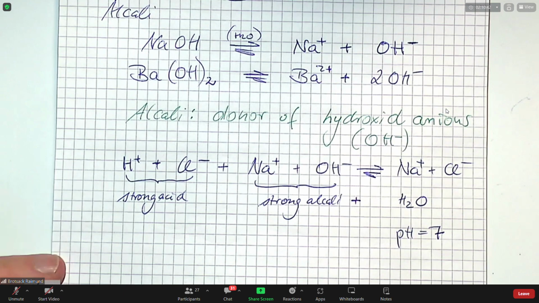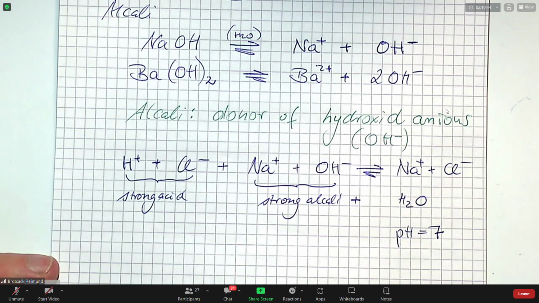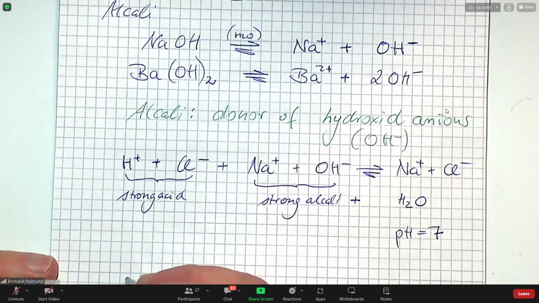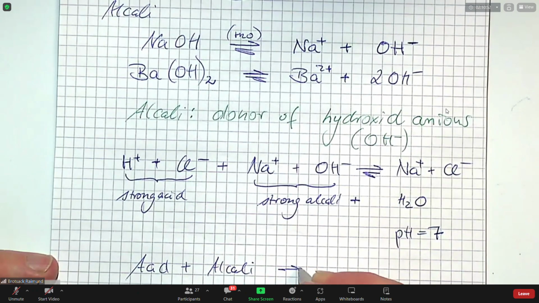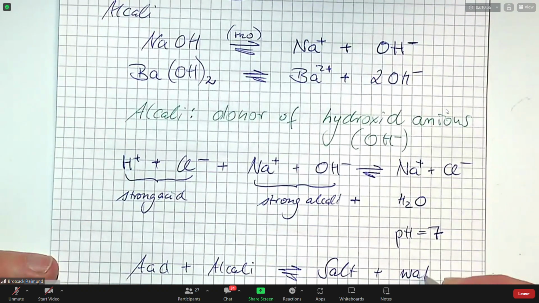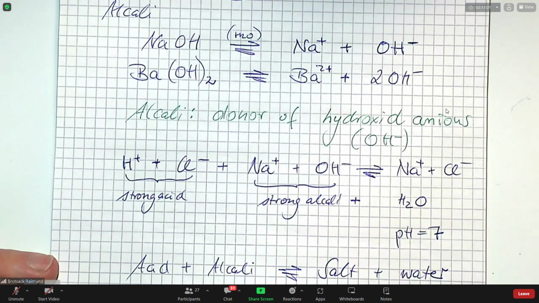So in general, an acid and an alkali form a salt and water. Acid plus alkali forms salt plus water. And that's a general rule, and the reaction is called neutralization.